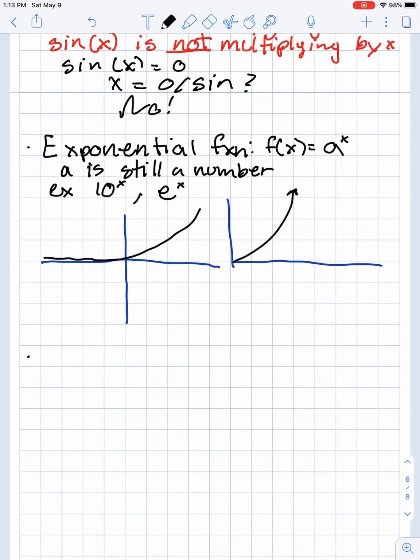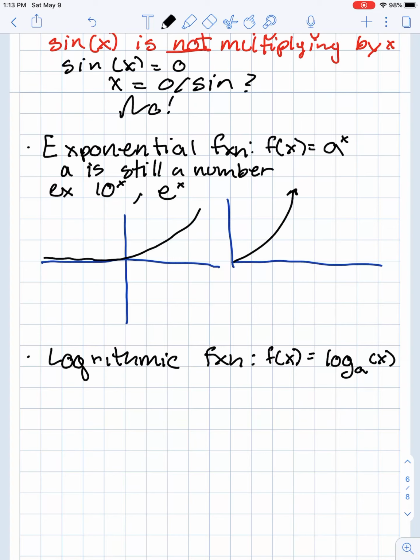So exponential functions have a fun brother called the logarithmic functions. Logarithms are kind of a little tricky to think about. I had a lot of trouble with them, but they look like log base a of x.